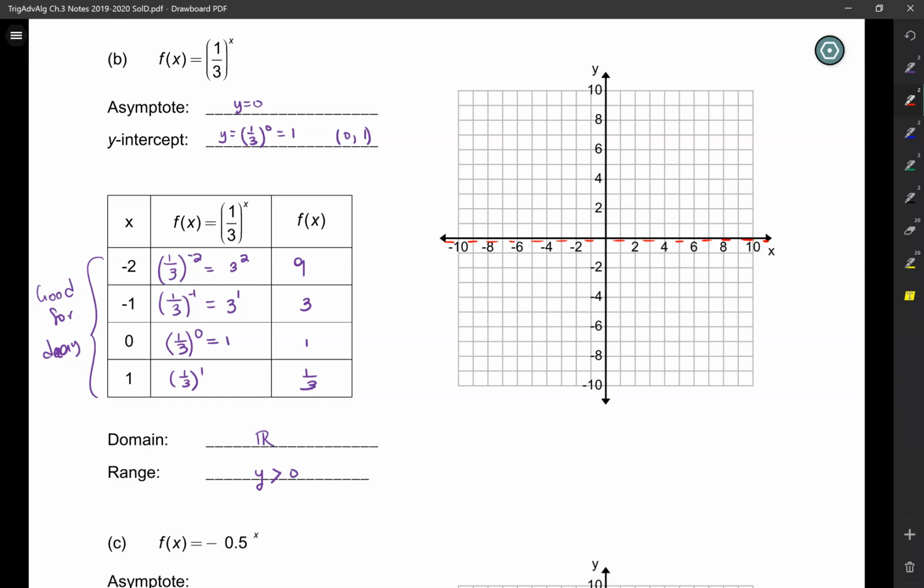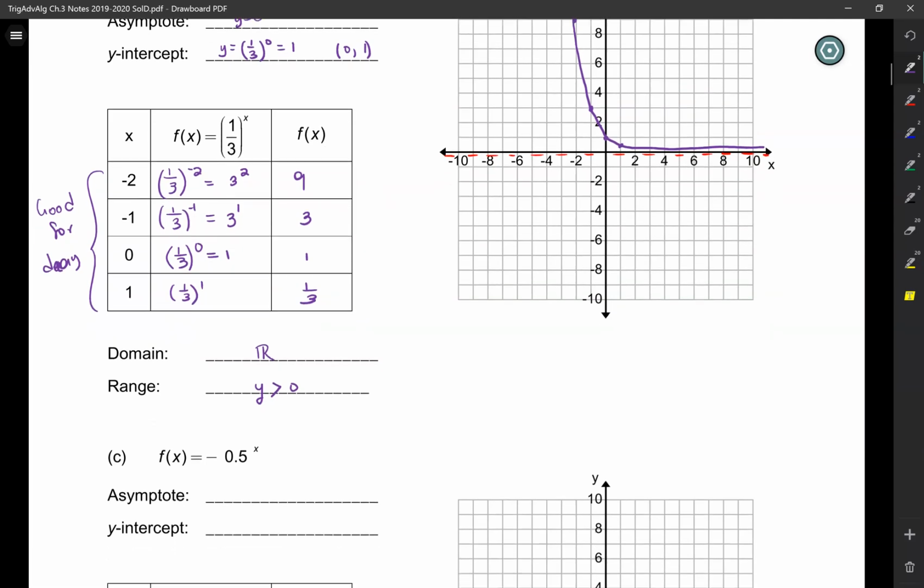It's just a circle with a happy face inside. Okay? All right. So, at -2, y is 9. At -1, it's all the way down to 3. Then 1. Then 1/3. And look at that cute little decay equation. Isn't that cute?